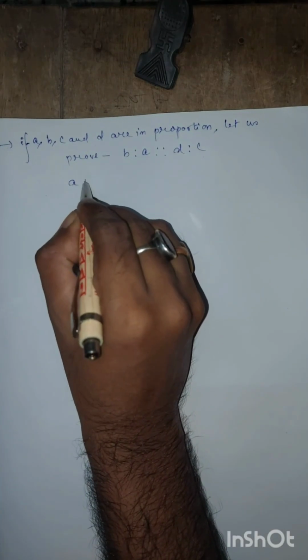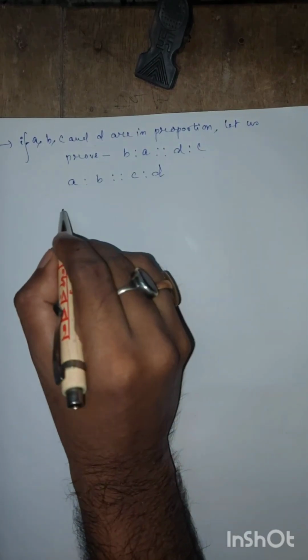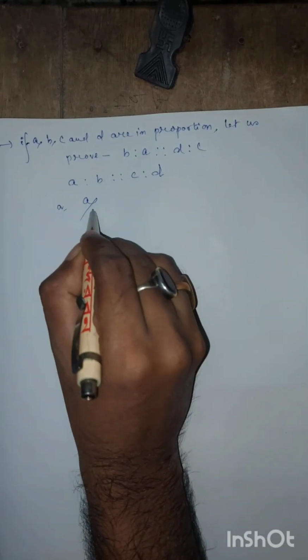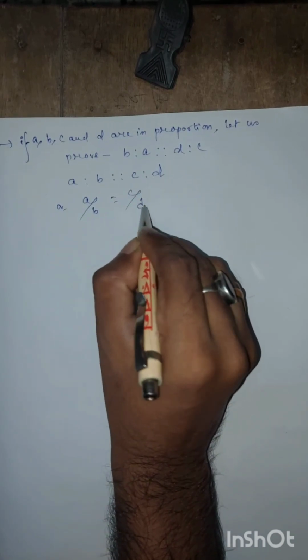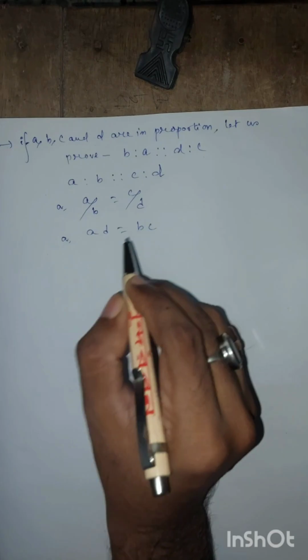It is given A is to B as C is to D. Now we can write A by B is equal to C by D, or AD equal to BC.